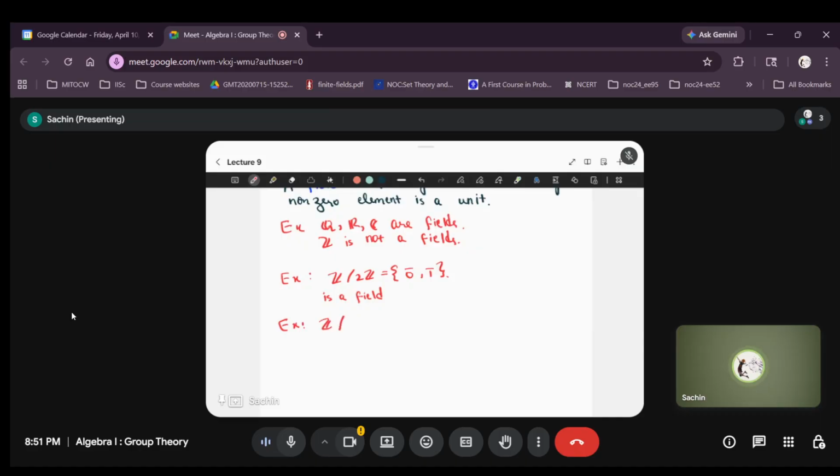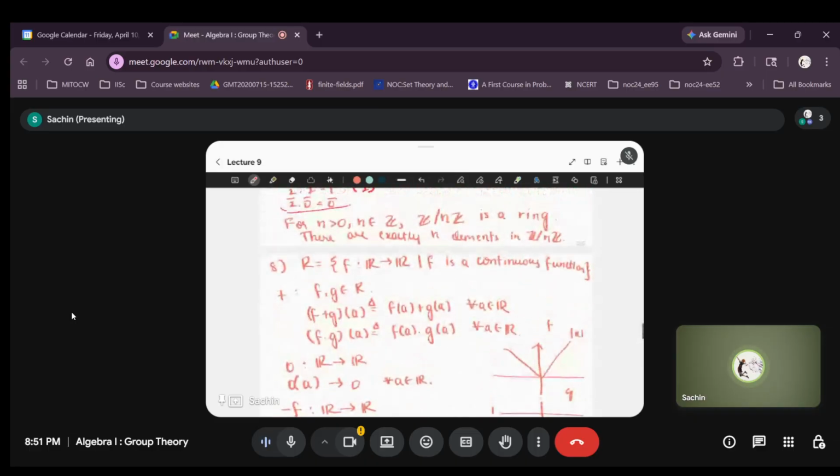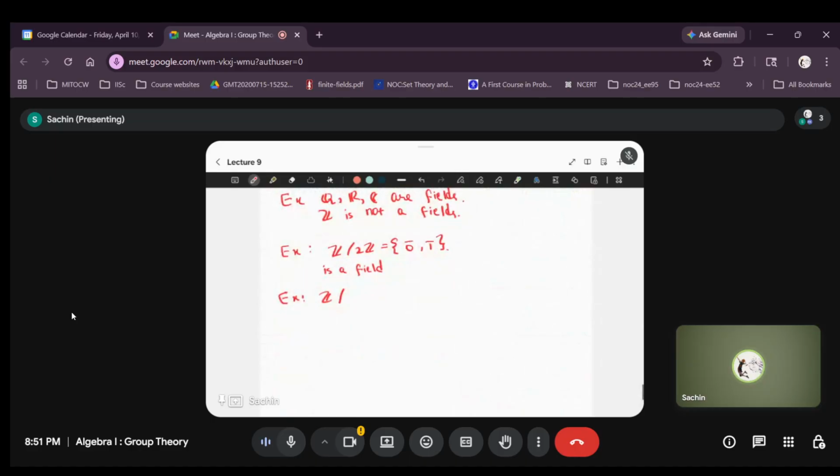We already said that Z mod nZ is a ring for all n. So now we are just checking if they're a field for all n, or if not, which of the integers n will give you a field. Is this a field?